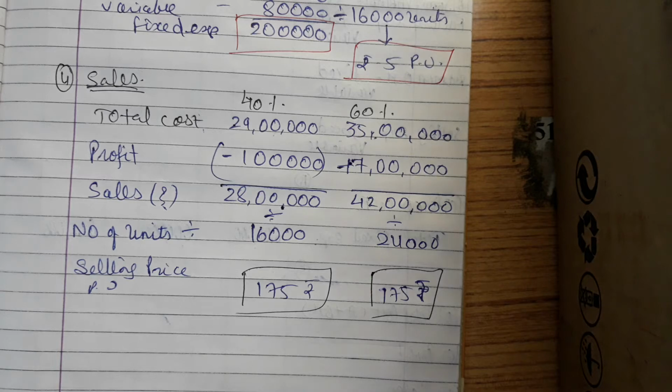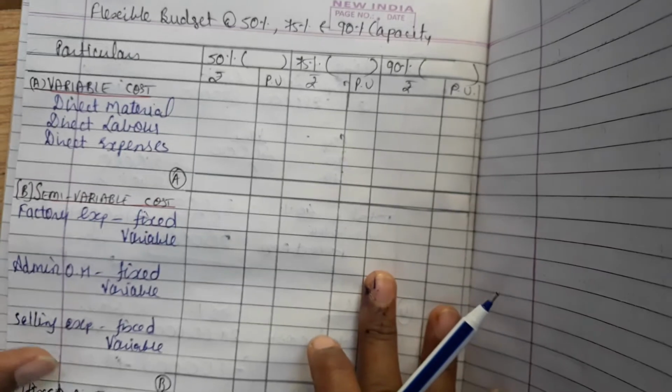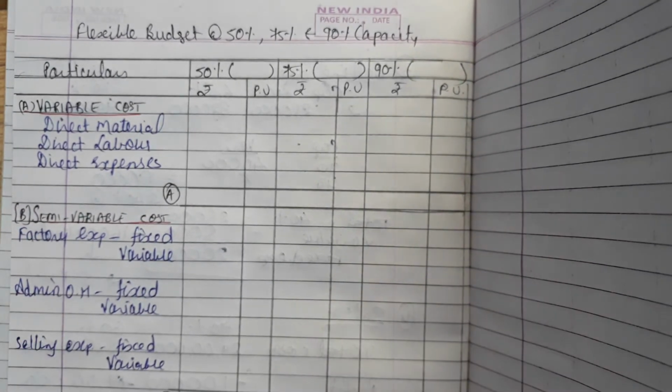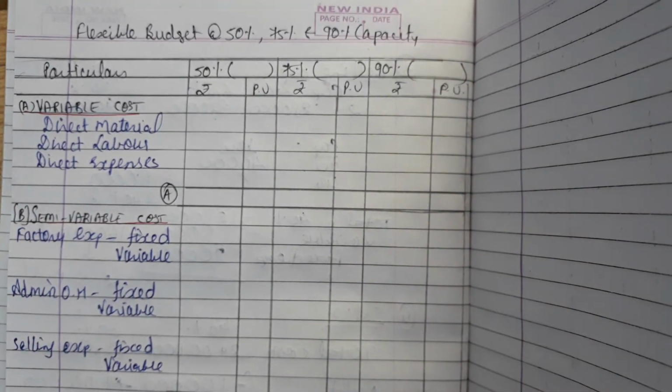Now starting with the budget. So by using our working note, we are going to place all the items in the budget. Okay. So here again, starting from the format.